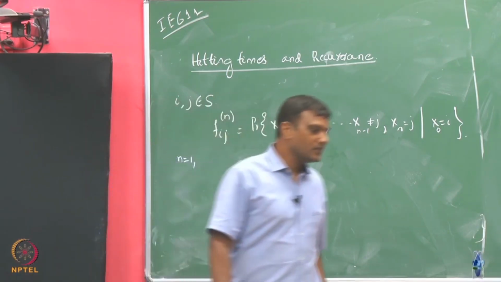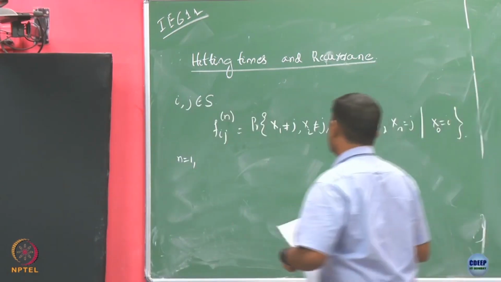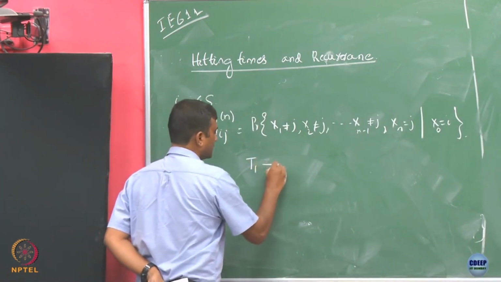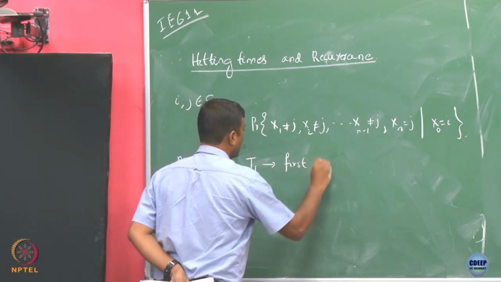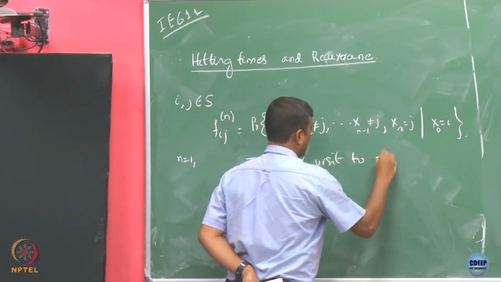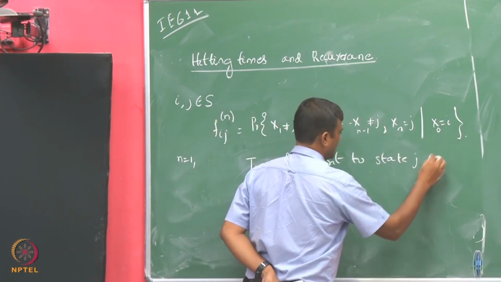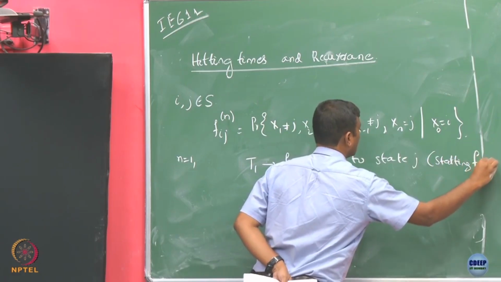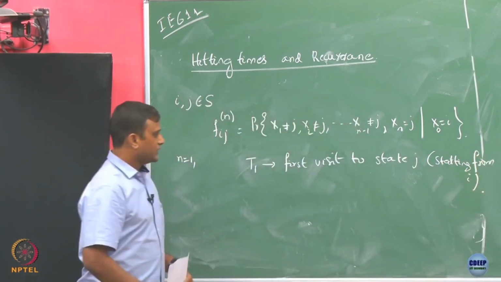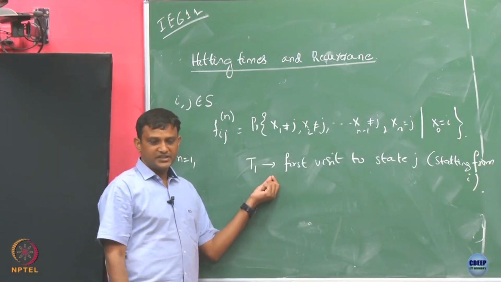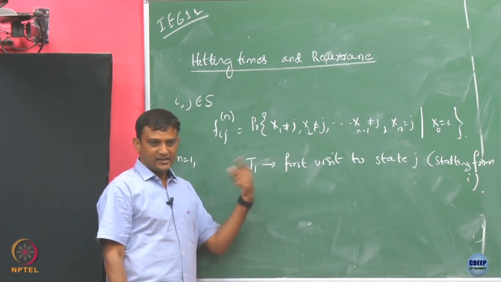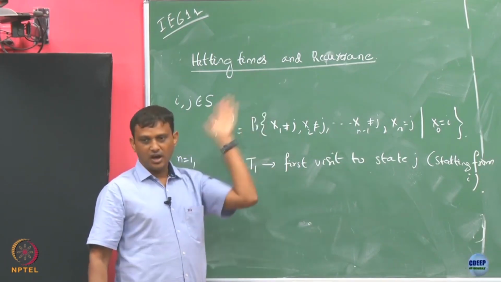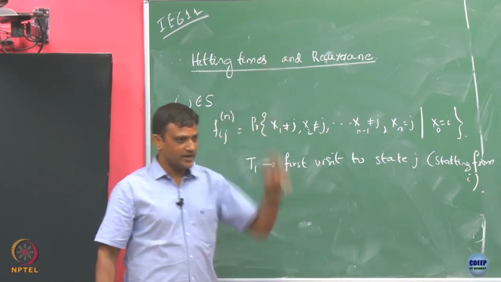Suppose Tj is the first visit to state j, and I am assuming that we start from i. You can visit from state i to state j in either 1 step or after 2 steps or after 3 steps, or maybe it can go on, you do not know how many times.